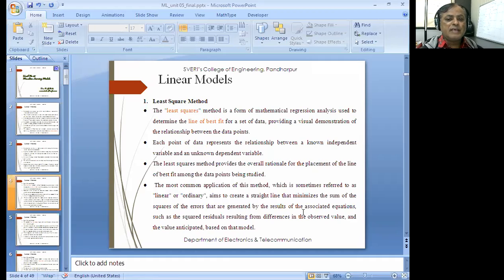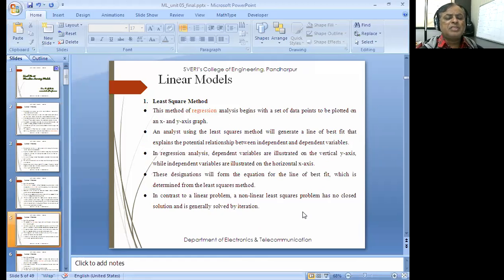Now, what this means is that this method is applicable where you have a straight line and that minimizes the sum of the square of errors. है ना, एक स्ट्रेट लाइन है और आप अगर सम ऑफ द स्क्वायर ऑफ एरर्स जो है मिनिमाइज कर रहे हैं across that straight line, then we can say that you can apply here. The results of the associated equation, such as squared residuals, result from differences in observed value and the value anticipated based on the model. So that is where the linear models can be useful.